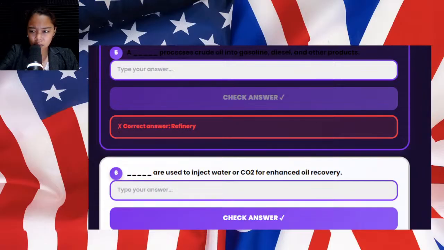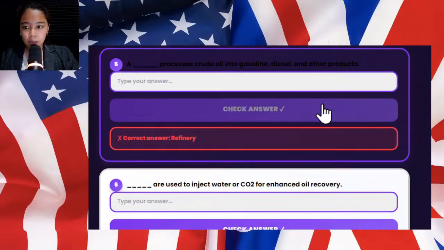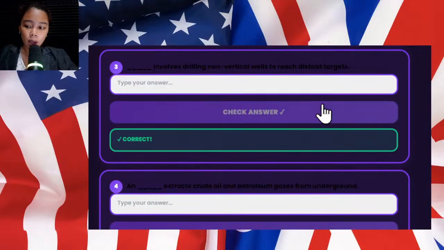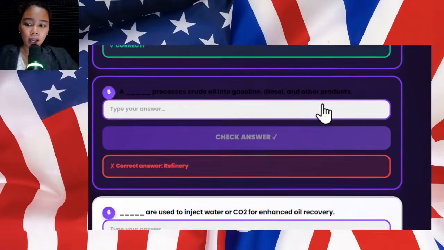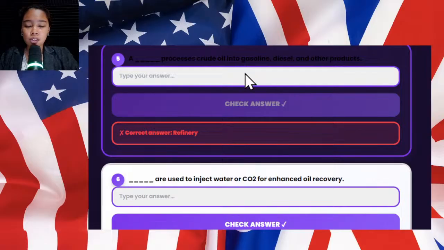We are not able to see the answers from the previous items, but here in number 5, the answer should be refinery. When we talk about catalytic cracking, I was confused because it's still talking about gasoline, diesel, and other products. It is a refining process, but the act of processing the crude oil, that is refinery.